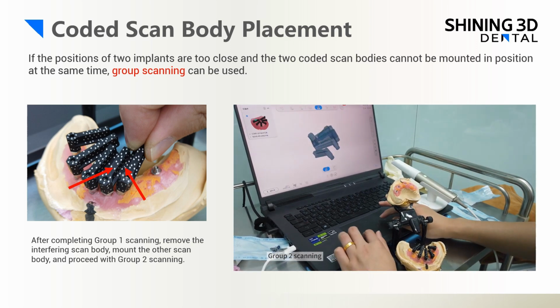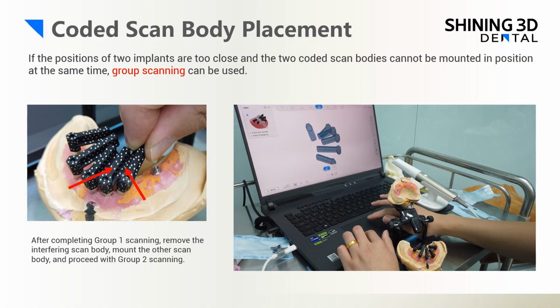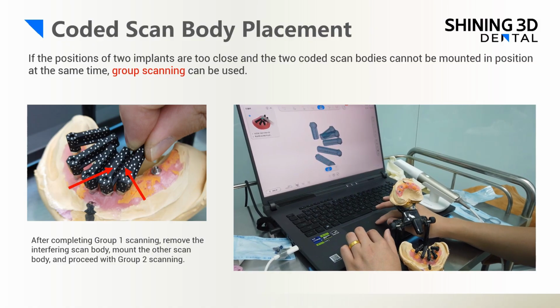Once the group 1 scanning is done, you can remove one of the two coded scan bodies that are too close to each other, then install the other one and start the group 2 scanning. Then you can have a complete scan of all the high-accuracy coded scan bodies.